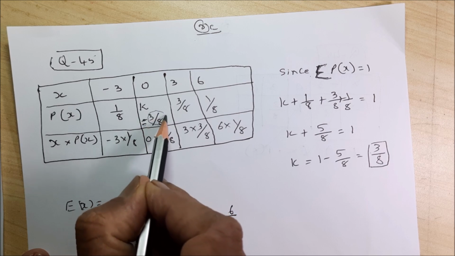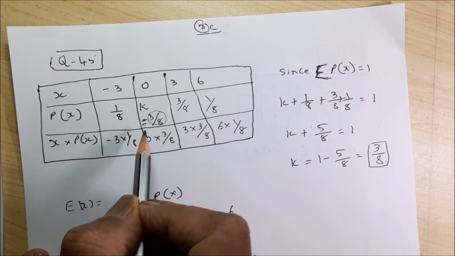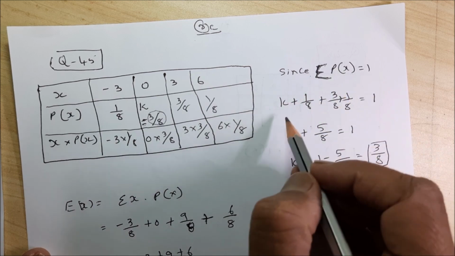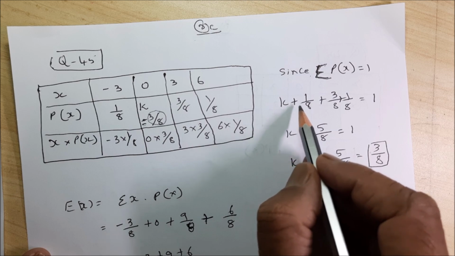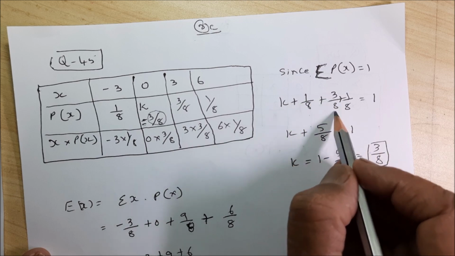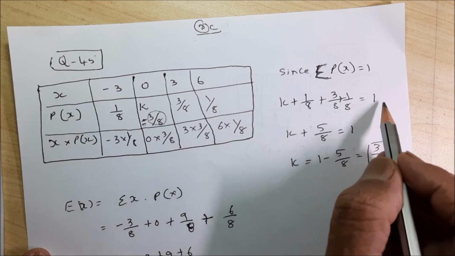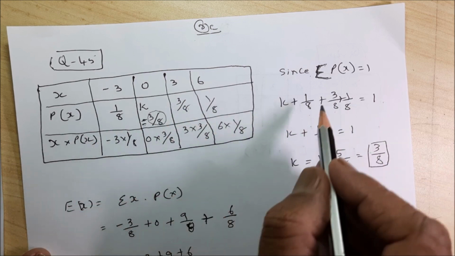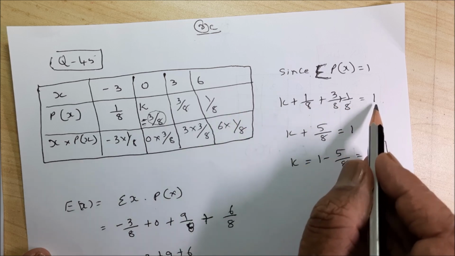You may get stuck on how I got this. Since the sum of P(x) is equal to 1, you add 1/8 plus k plus 3/8 plus 1/8 is equal to 1. So I have added everything: 1, 2, 3, plus k is equal to 1.